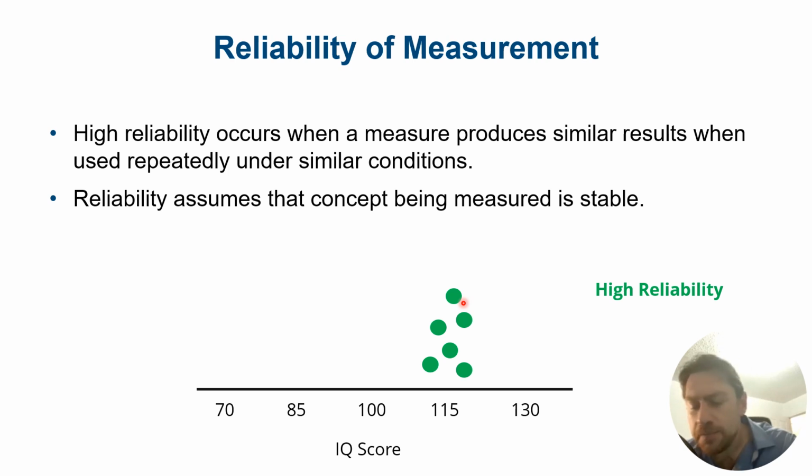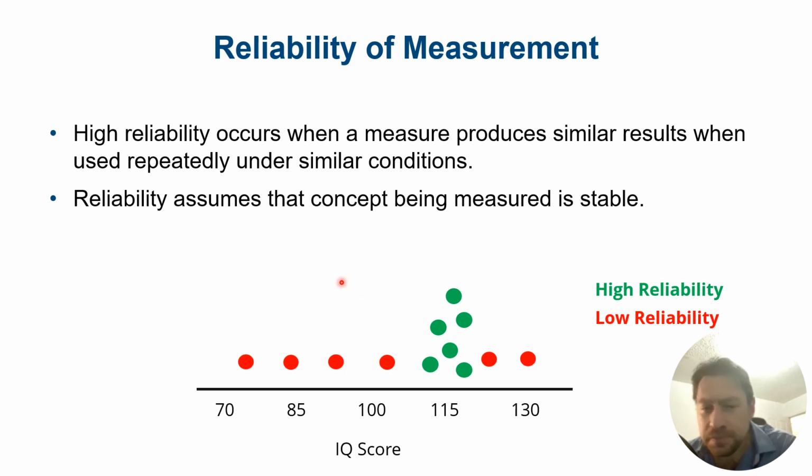Now, conversely, let's imagine you take this IQ test maybe 6 different times, and these are your results. So on Monday, you're at an 85. On Tuesday, you're at 130. On Wednesday, you're at 103. Okay, it's all over the place. This would be an example of low reliability if this were to happen.